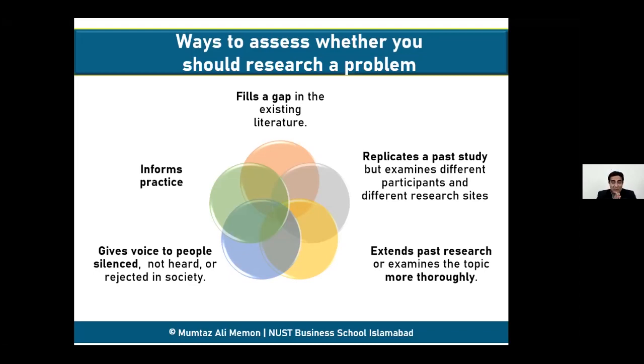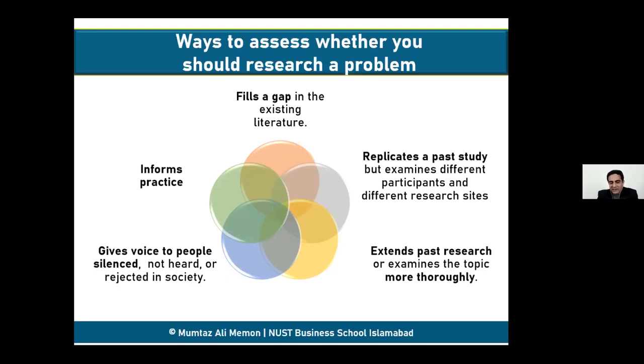Now, again, we are coming back to the managerial side, the businesses, the society. We want to give back to the society. So in informs practice, he explains that every research must have a contribution regarding the society they are working on, the population they want to research.